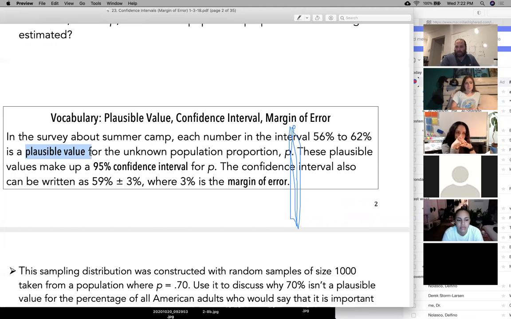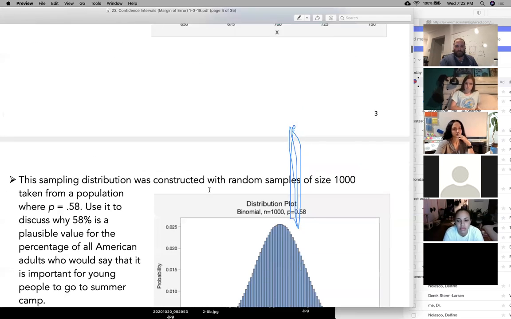It would never happen. 0.58 is reasonable because 590 occurs quite often at 0.58. All of these percentages between 56 and 62 would have 590 be a plausible result. Anything past 56% or past 62%, 590 would just not happen often enough to make it plausible, and they're outside of our confidence interval. We'll do another example to illustrate this.